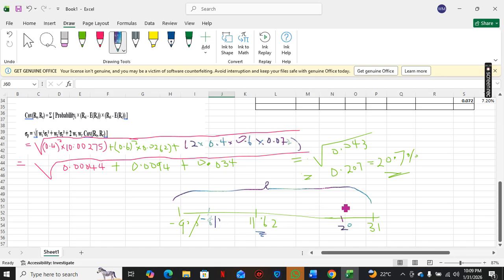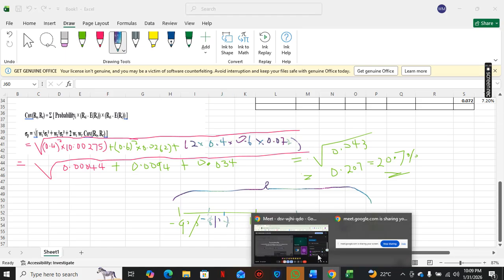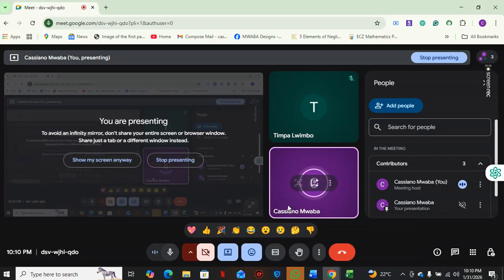The next year, you might get a return of maybe 12%. The other year, you get a return of negative 7%. So as you can see, these returns are jumping up and down, okay? Because there's a significant amount of risk.